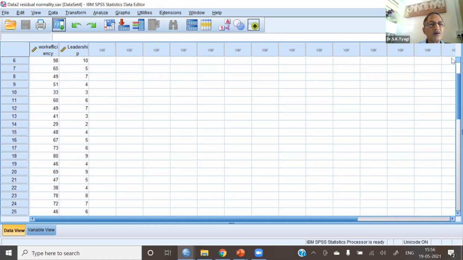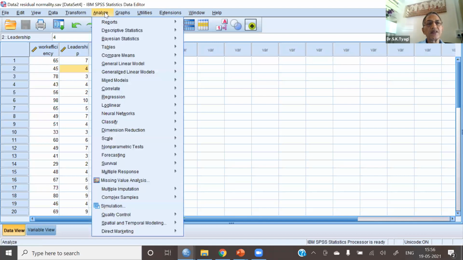Now we have two quantities, one is work efficiency, another is leadership. We gave a scale for work efficiency and a scale for leadership and got this data. Now we want to say whether there is a multivariate outlier.